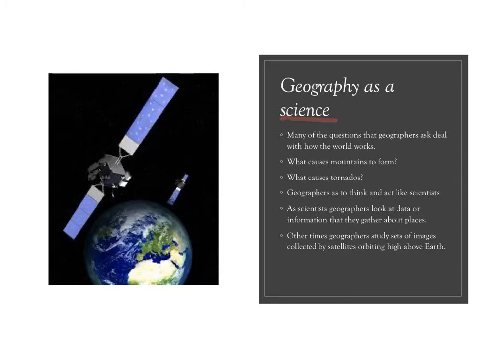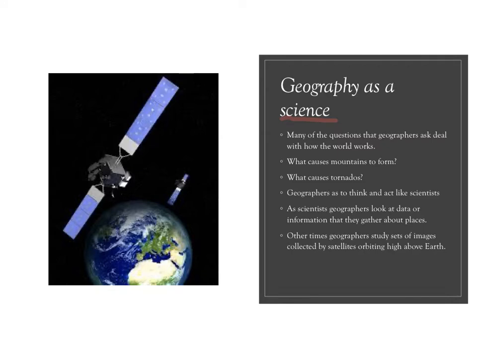So geographers look at the data or the information, they gather them from different places, they try to analyze the given data, they have to find the results, and also they have to publish the results. The same procedure is followed by geographers too. They have to collect their data, and for example, they can study the sets of images collected by the satellites orbiting high above the Earth.